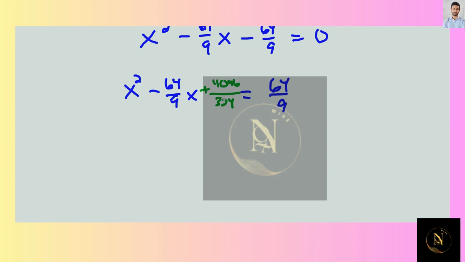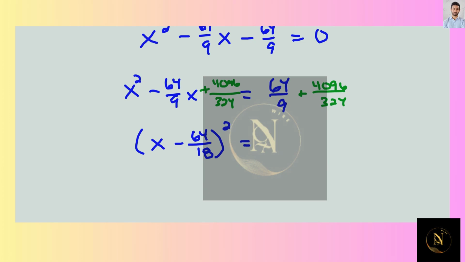And we'd have to add this to both sides to complete the square. Now on the left, this would mean it's x minus that half, so that'd be x minus 64/18, squared.